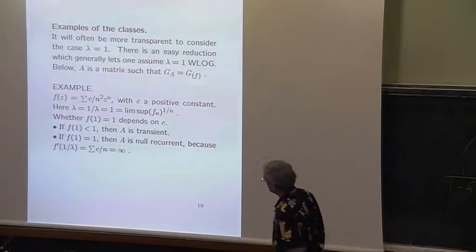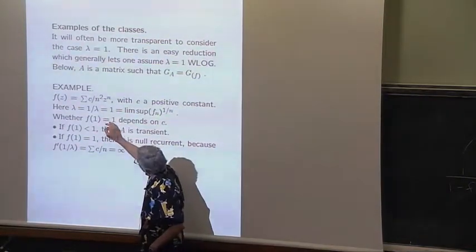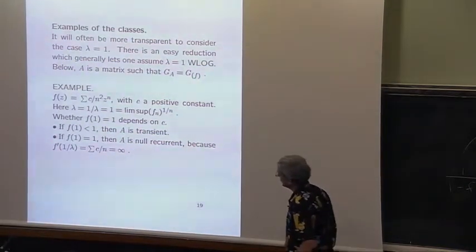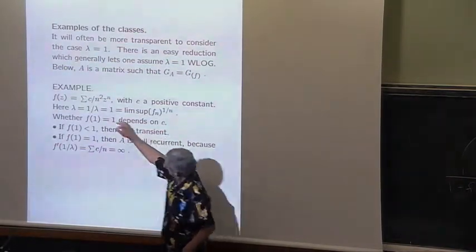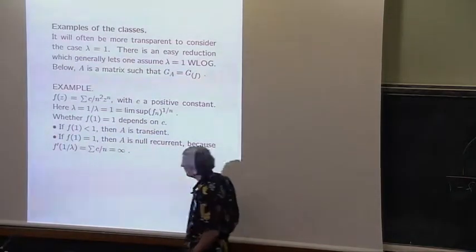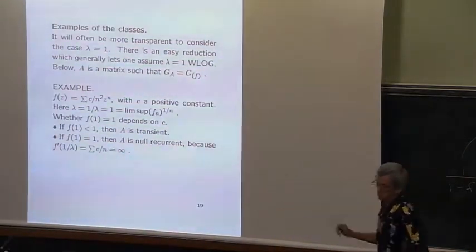It's 1. And whether f of 1 equals 1 depends on the value that we choose for c. If we choose c such that the sum here, when z is set equal to 1, is smaller than 1, then A is transient. We draw the loop graph, we have the matrix, it's transient.